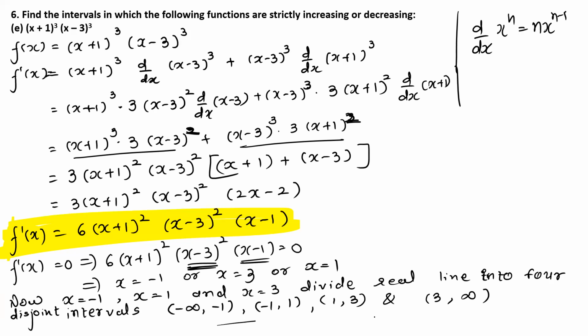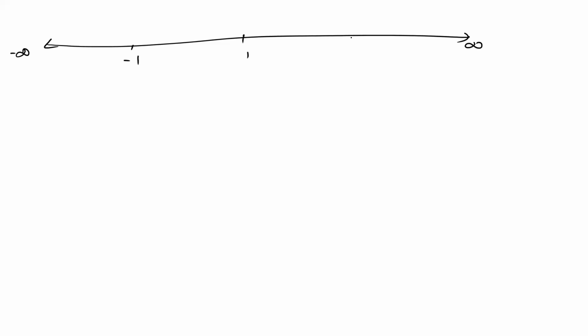If you don't understand this, that is why we have this line. It's minus infinity to minus 1, minus 1 to 1, 1 to 3, and 3 to infinity.